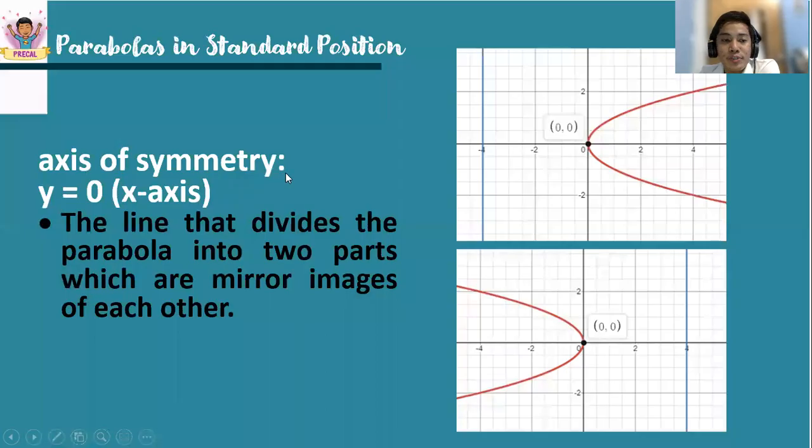So the axis of symmetry is this time the x-axis. Look at the x-axis, it's located here and also on this figure. So the x-axis is the horizontal line represented by the equation y is equal to 0.